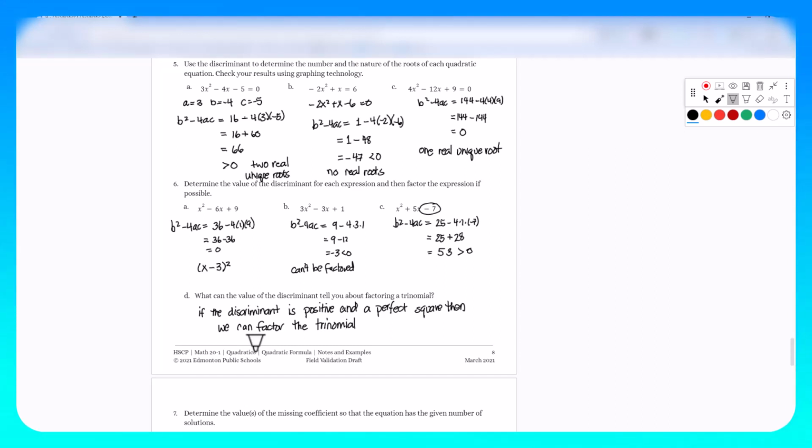So even if we can't factor it, just to be clear, it doesn't mean there are no solutions. It just means if the discriminant is not a perfect square, there's still solutions, we just can't factor.